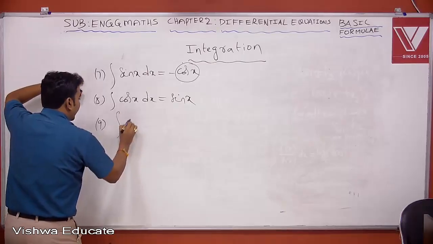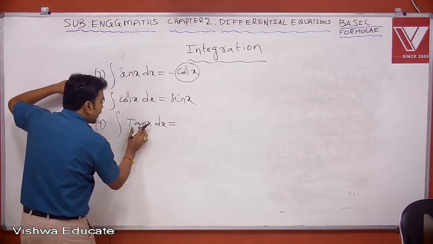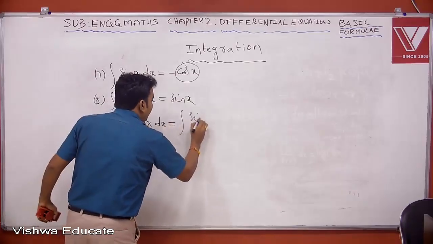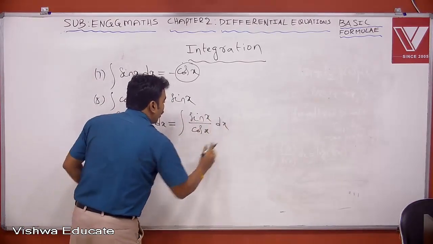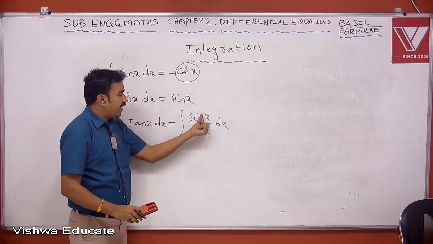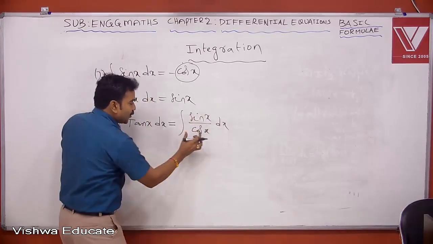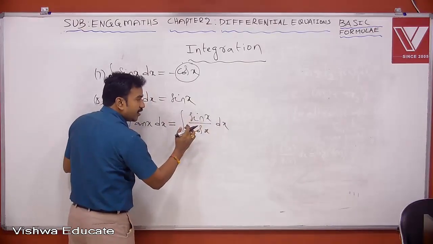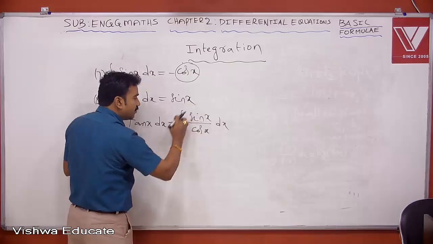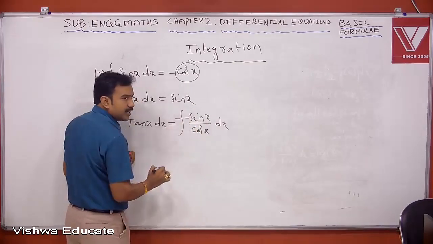Next we move to integral tan x dx. This tan x can be written as sin by cos. Now this is the integral of a rational expression. The derivative of cos x is minus sin x. There is no minus sign, but constants can be manipulated with integrals. So multiply with a minus symbol, with one minus symbol outside.